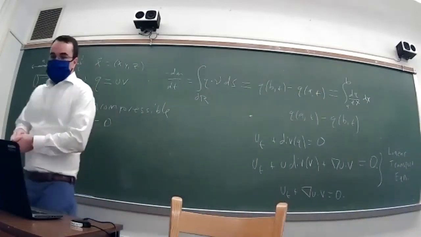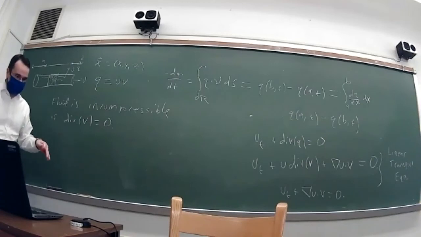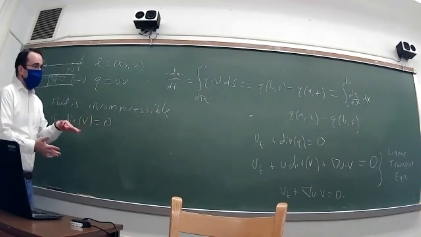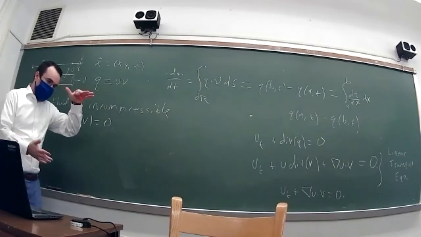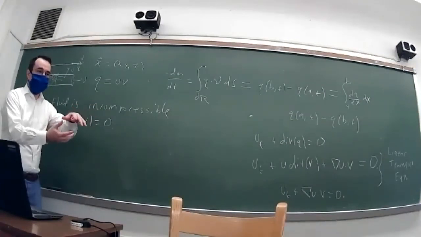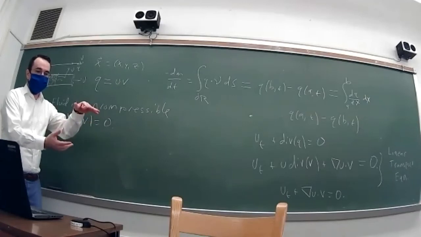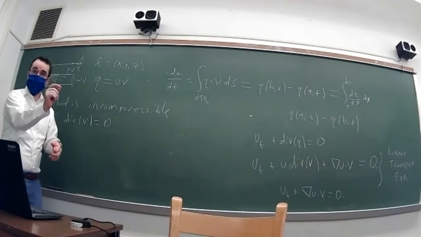And the physical interpretation of incompressible is not that the fluid can't be compressed, unfortunately. The physical interpretation is that if you apply pressure that doesn't come from heat or cooling, so if you heat the fluid or cool it down, it could expand or compress and therefore change the value of u, because u is the density.